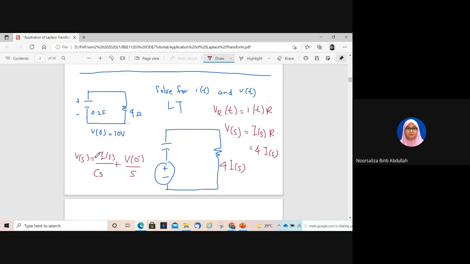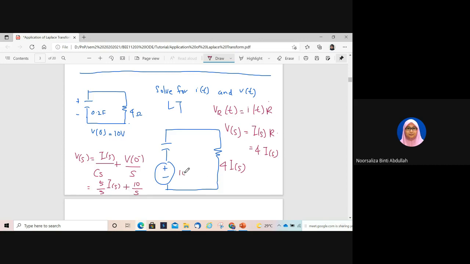So what is C? C is 0.2, so 1 over 0.2 you will get 5. Plus V(0-), which is given as 10, so 10 over s.